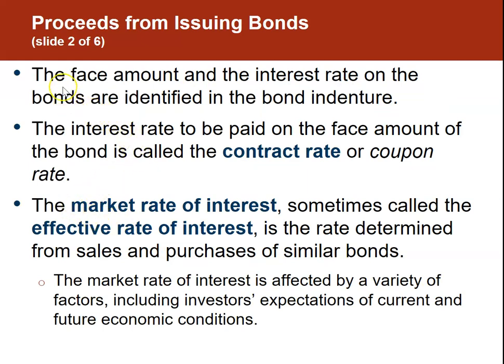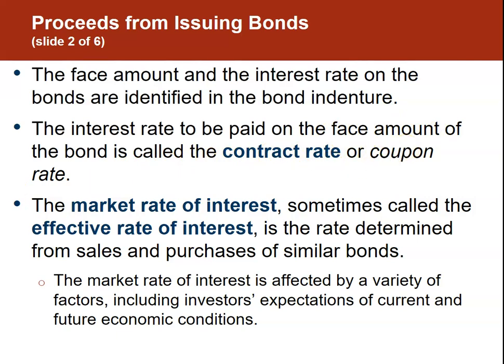It says here the face amount and interest rate on the bonds are identified in the bond indenture. So this is part of your contract. It'll state the interest rate in the contract. This information will also be available on the face of the bond because a bond is a physical document. The interest rate to be paid on the face amount of the bond is called the contract rate or the coupon rate.